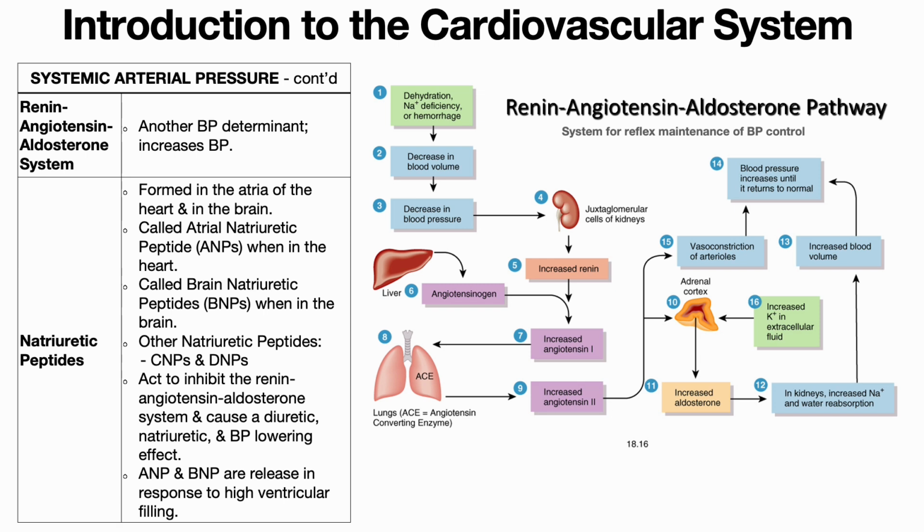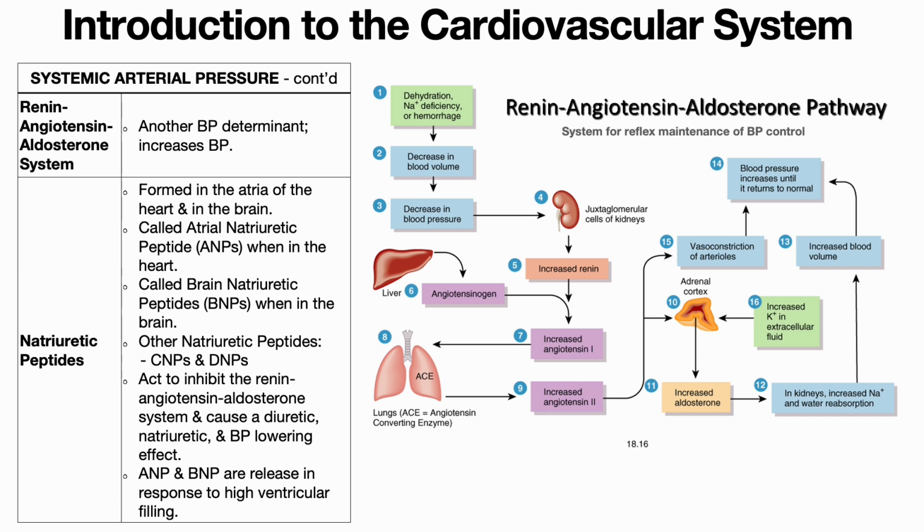CNPs, or the C-type natriuretic peptides, are thought to act in the vasculature, and the DNPs, or the dendroaspis natriuretic peptides, are thought to be released from the atria. So the natriuretic peptides act to inhibit the renin-angiotensin-aldosterone system and cause a diuretic, natriuretic, and BP lowering effect.